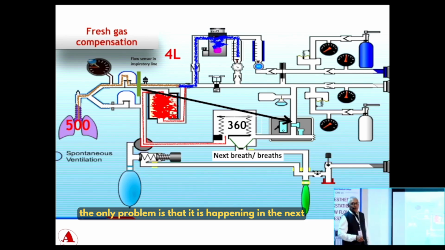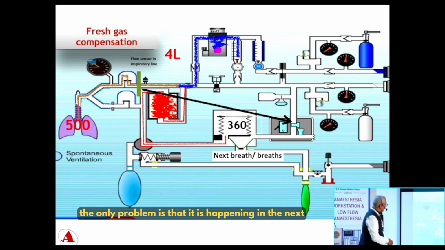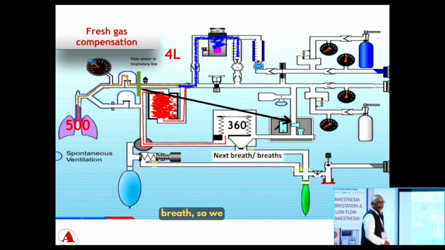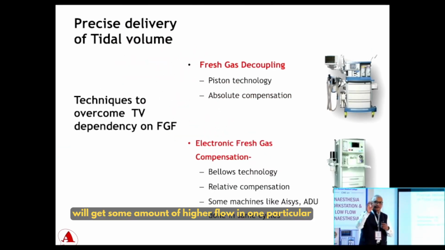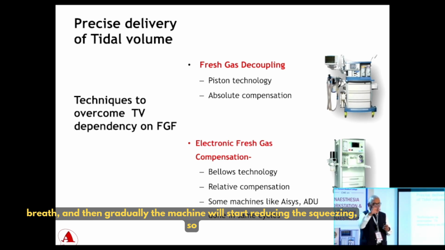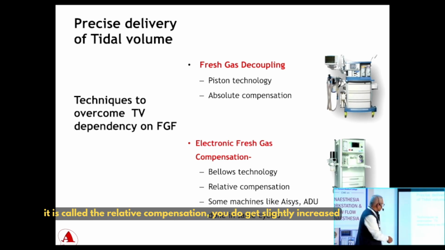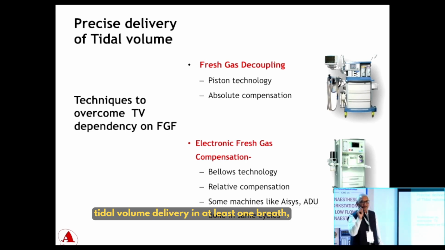The only problem is that it happens in the next breath. So we get some amount of higher volume in one particular breath, and then gradually the machine starts reducing the squeezing. So it is called relative compensation. You do get slightly increased tidal volume delivery in at least one breath. Earlier it used to take a long time.